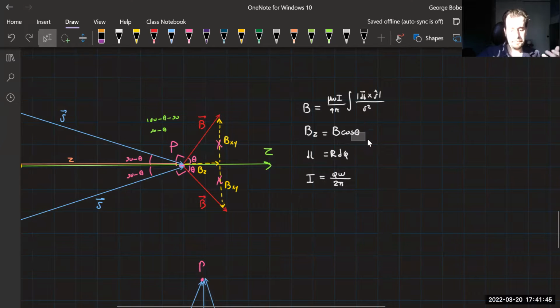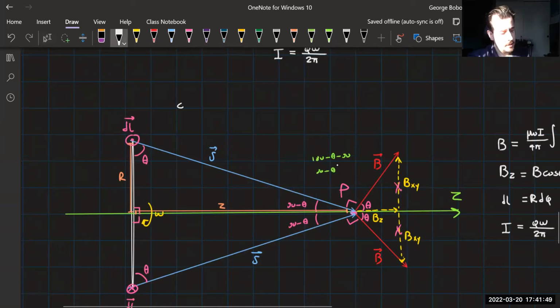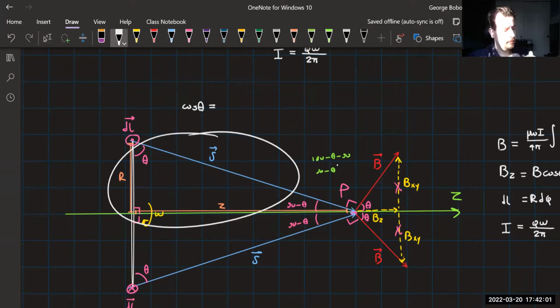What else am I missing? What's cos theta? Can we see what cos theta is? Bogdan, I want you to take over here and take a look at what cos theta is right now in this triangle. What is cos theta in terms of sides?